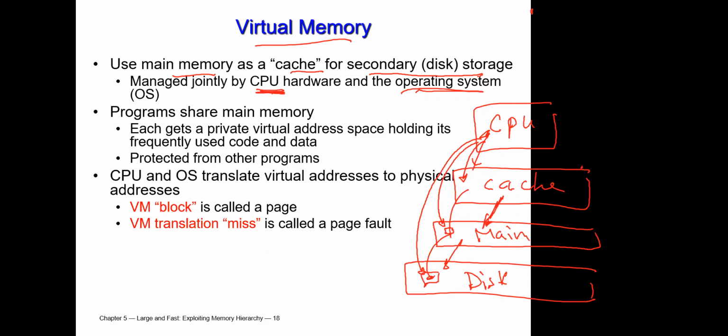Programs share the main memory, and each will get a private virtual address space holding its frequently used code and data. This is very important in order for us to use virtual memory. And this will be protected from other programs.